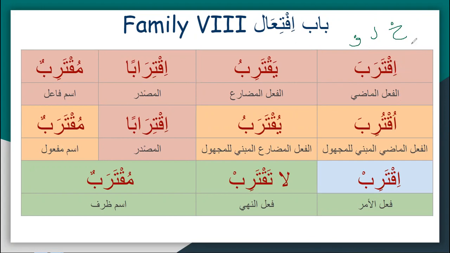I have to put an alif before the root, then put a sukoon on the first letter, then add a ta between the first and second root letters, and then la and fa. So ikhtalafa. You can understand how I made the word. Kha, la, fa is the root.